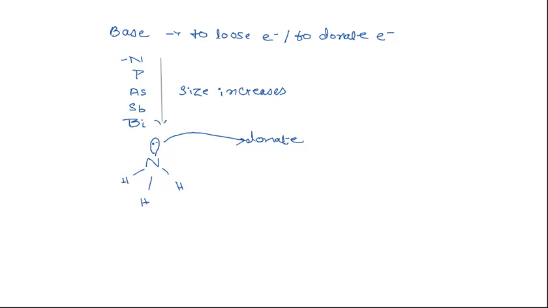The size of nitrogen is very, very less. The size of phosphorus is more than that. Arsenic is more than that. Antimony is more than that. And bismuth is more than that. So what happens? There is high density of electrons on nitrogen in NH3, so it can easily donate its lone pair of electrons, whereas when we are moving from top to bottom, the size is increasing.